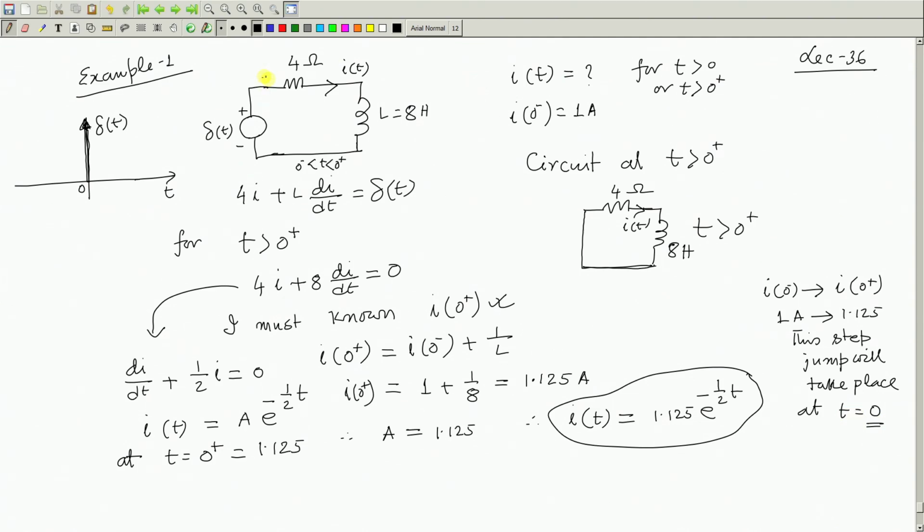Therefore, the solution of this problem will be, if you sketch this current waveform, I should draw it like this.